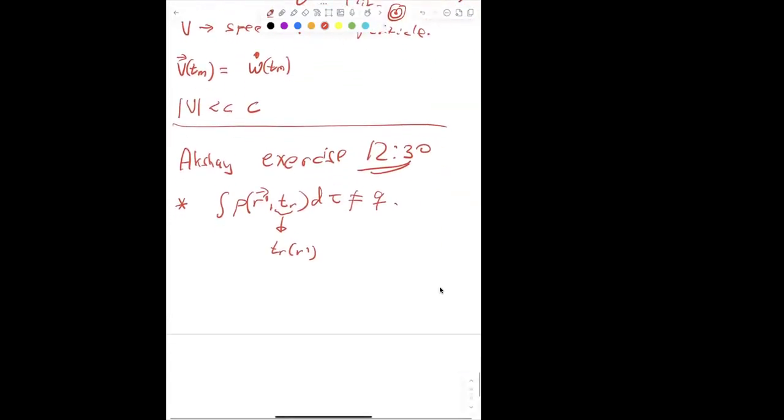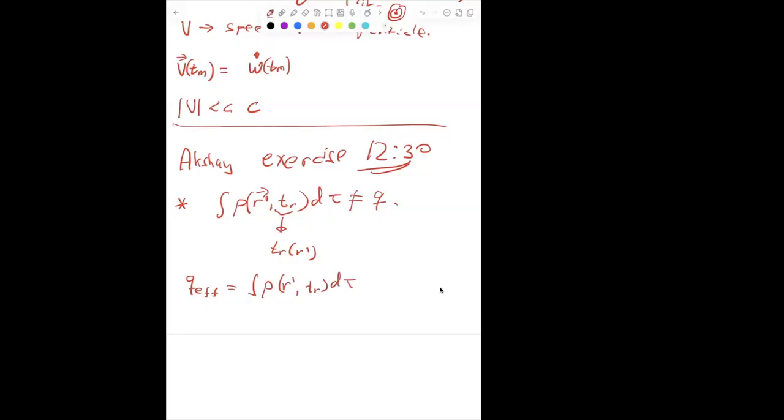But then he suggests to have some Q effective. What is Q effective? It's simply the integral of ρ(r', t_r) dτ.